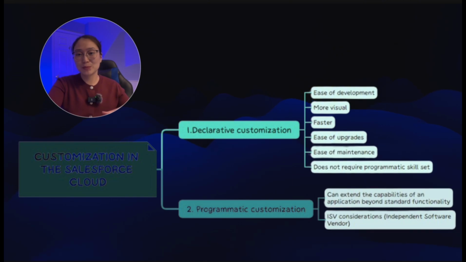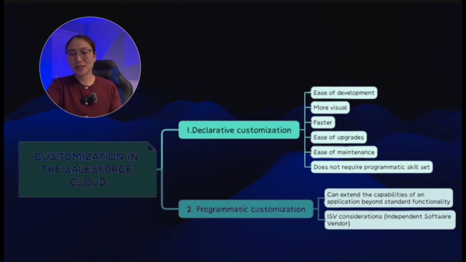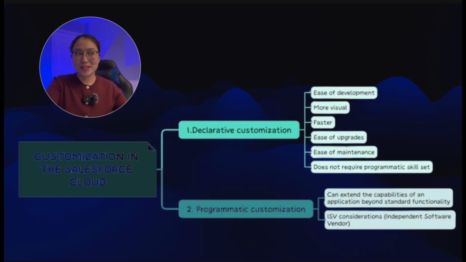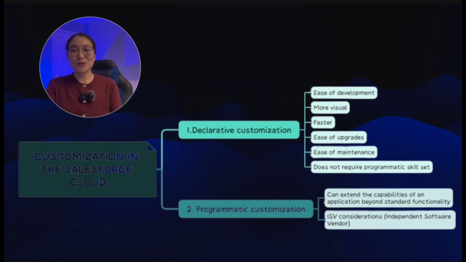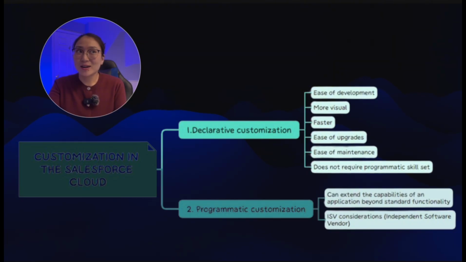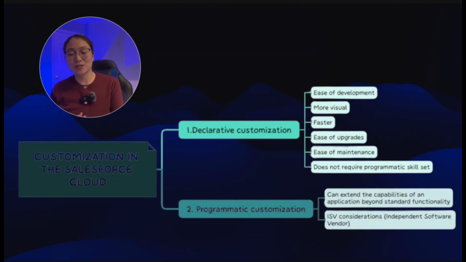Declarative customization means you customize Salesforce using point and click. You're working directly in the browser, you click, you select options, you configure things. There is no code involved. What you need is an understanding of how Salesforce works: objects, fields, pages, flows, but not programming.